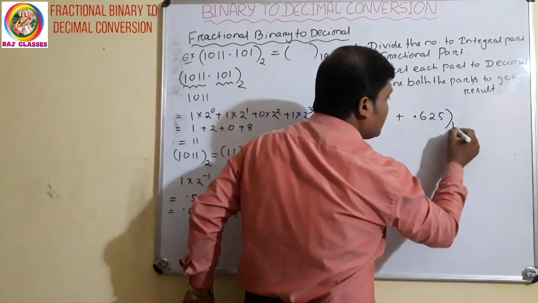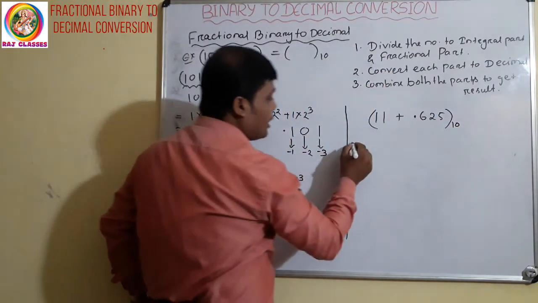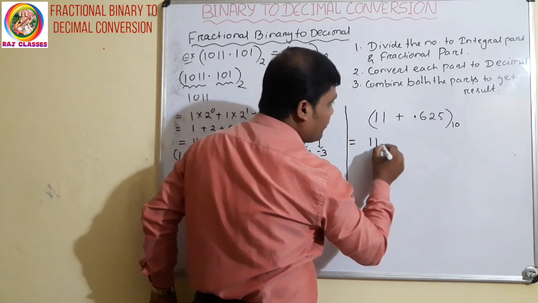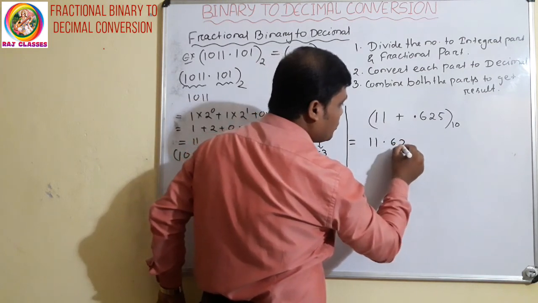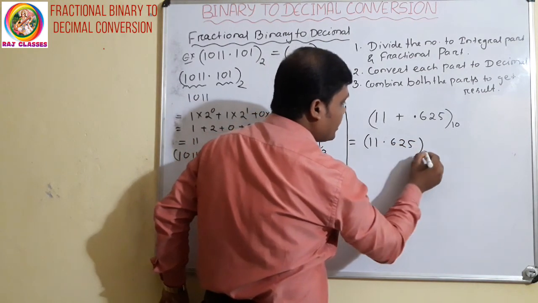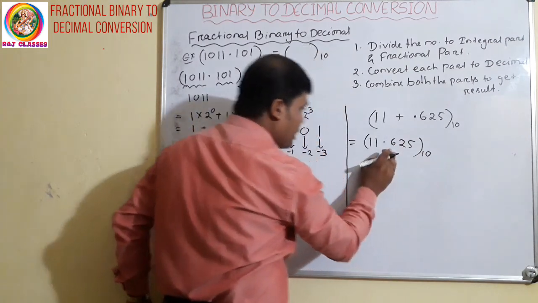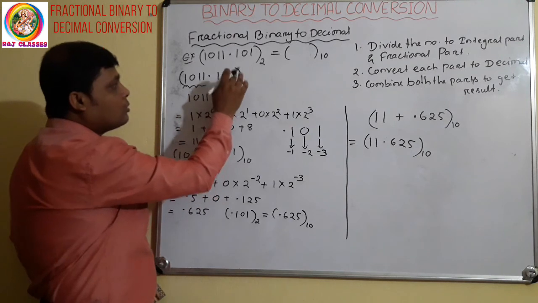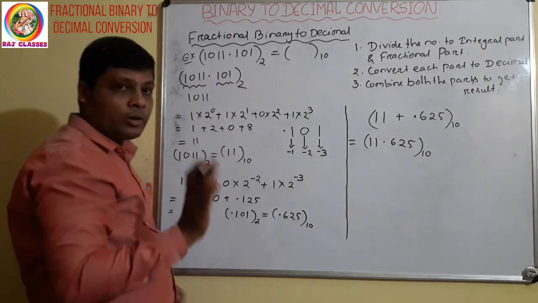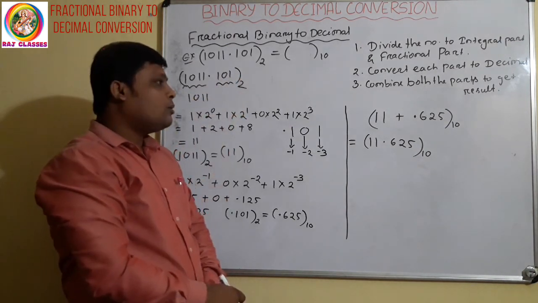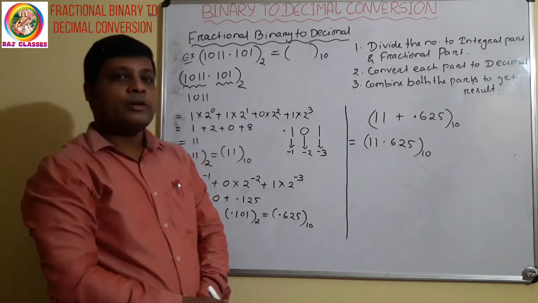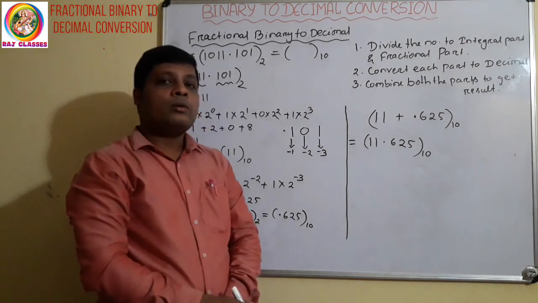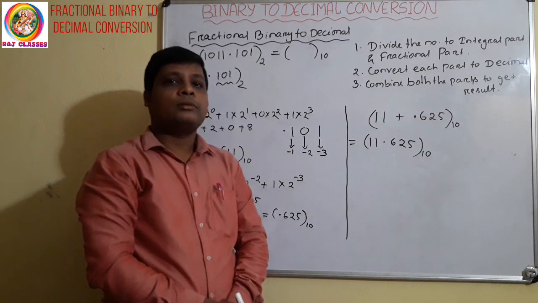This is base 10. Now this is equal to 11.625 base 10. This is the decimal value for 1011.101 base 2. All of you understood? Today we will stop here, and in the next video we will see more about the conversion. Thank you.